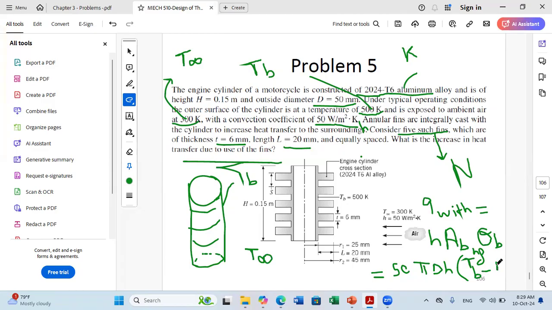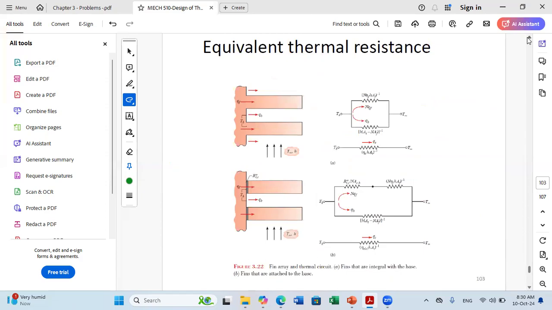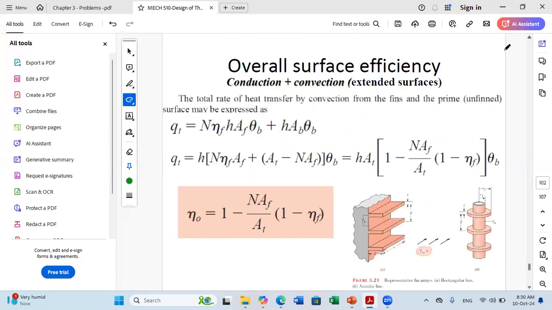Now, when I put my fins, of course, I expect to have a better heat transfer. And since here I have several fins, we developed together a formula that if we have several fins, we can use the following. We can calculate first an overall efficiency.